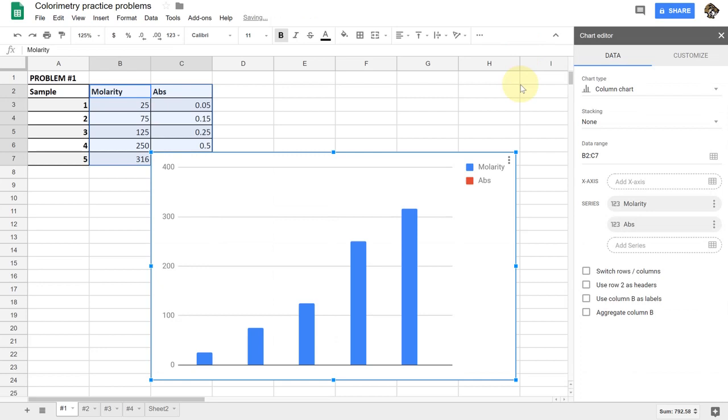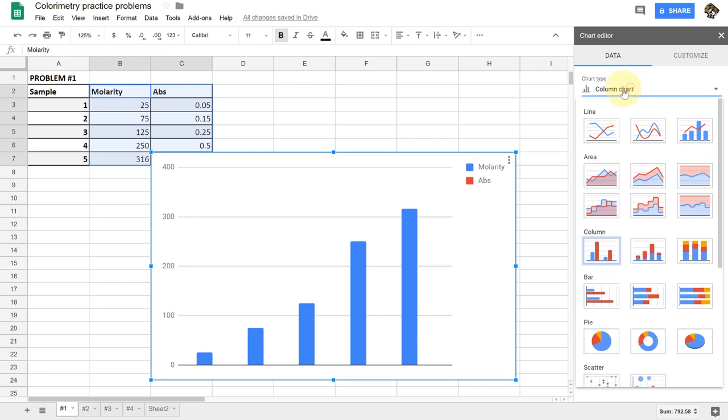Okay. Now the first thing that might pop up here is a bar chart, or they call it a column chart. We don't want a bar chart. Bar charts aren't good unless you're studying like a population growth or something like that. Let's change this to a scatter plot. So if you've got a chart that's up like this, and again, all I did was choose my Insert Chart button up here on the top of my screen. And then as soon as it generated the chart, it gave me my little chart editor bar on the side over here.